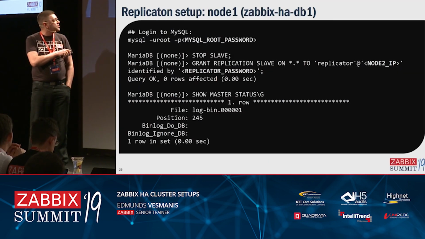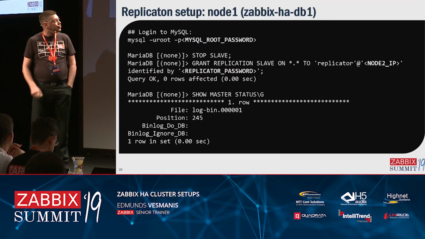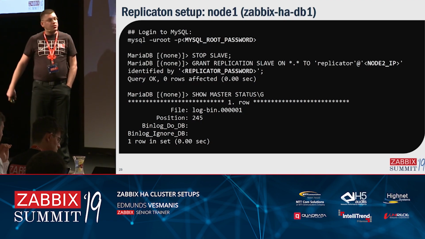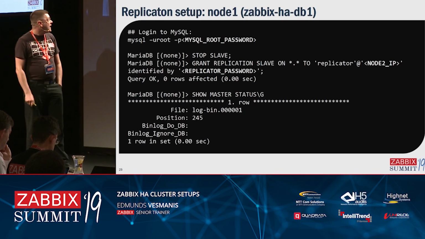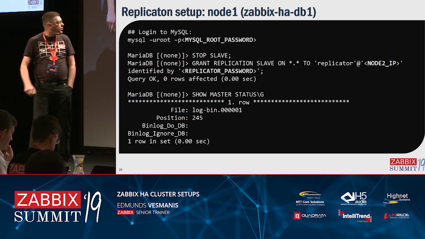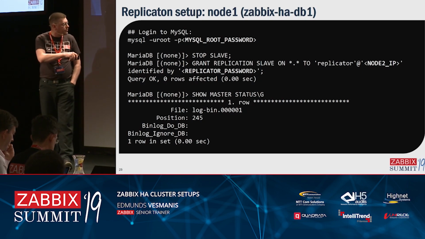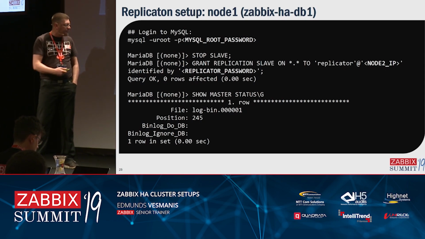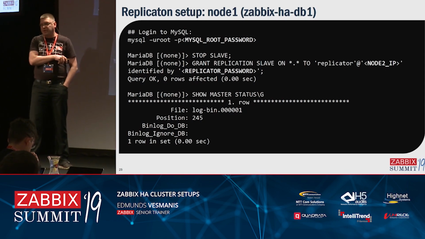We stop the slave, we grant replication for our user, and we provide the IP address of our node 2. When it's done, OK, we show master status. And we must remember, or just save for a moment, which binary log file is used and the position in that file.